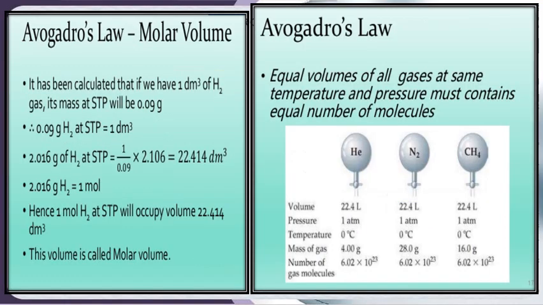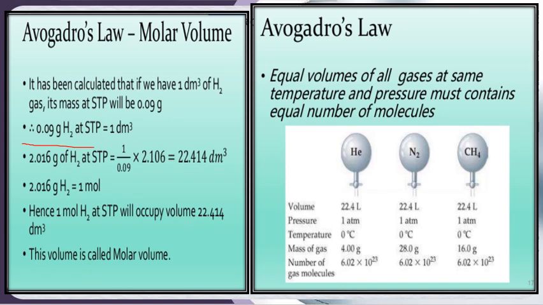Now here we have the next one. You can see Avogadro's law and the relationship with the quantities, or you say the molar volumes, of the substances. It is being mentioned here that 0.09 gram of hydrogen at STP is equal to 1 dm cube, right?